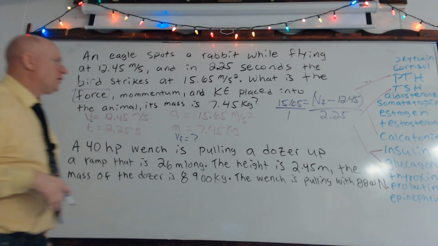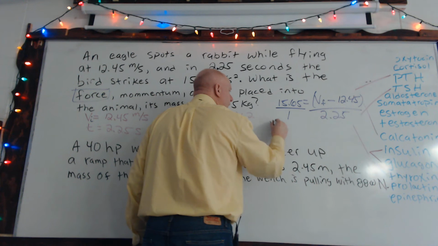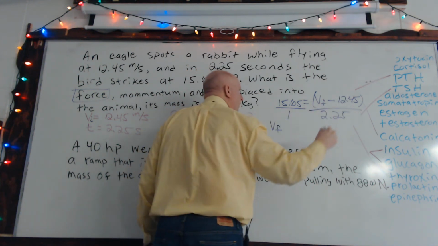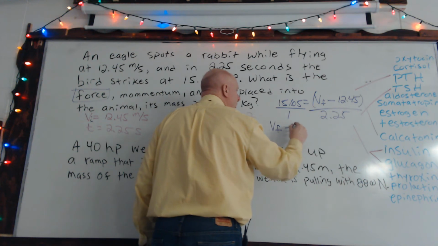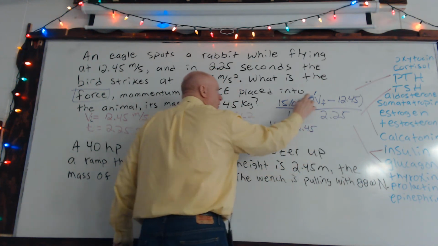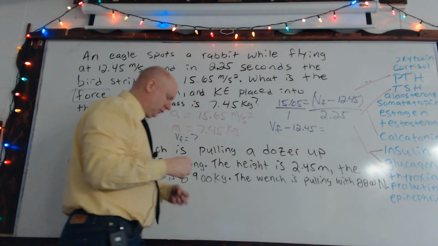So now we cross multiply. So 1 times Vf gives us Vf. Then 1 times a negative 12.45 gives us negative 12.45. We cross multiply here, so we'll cross multiply those two.